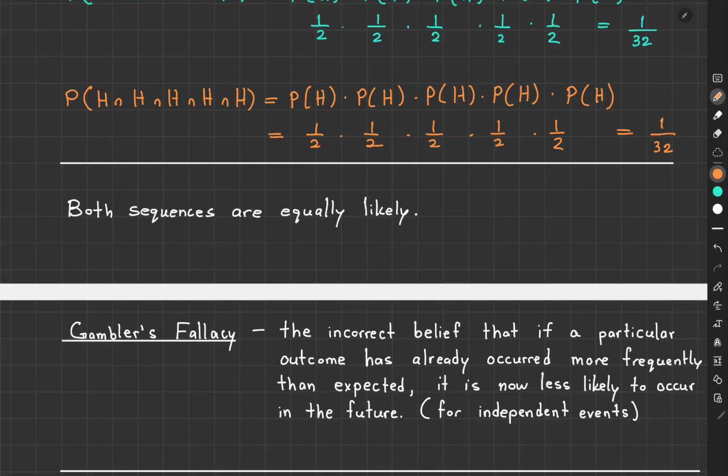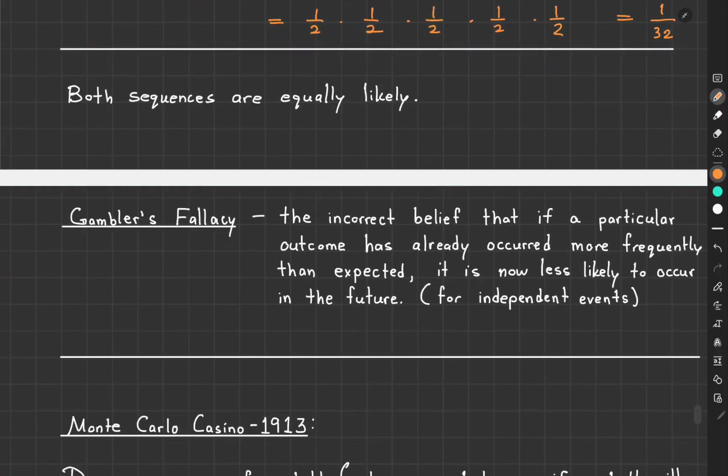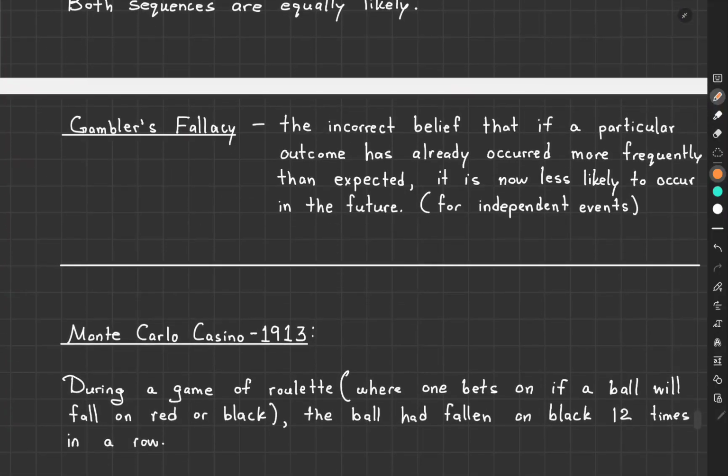This is gambler's fallacy. A famous instance of when this happened was at the Monte Carlo Casino in 1913. During a game of roulette, where one bets, they throw a ball and it lands on either red or black, and you bet what color it's going to land on.